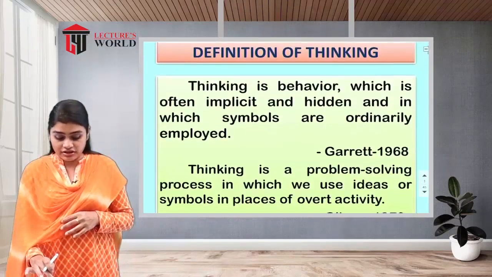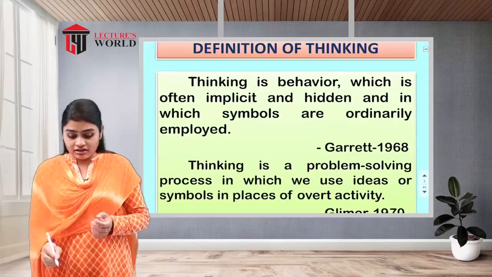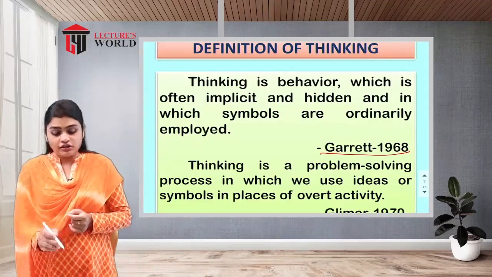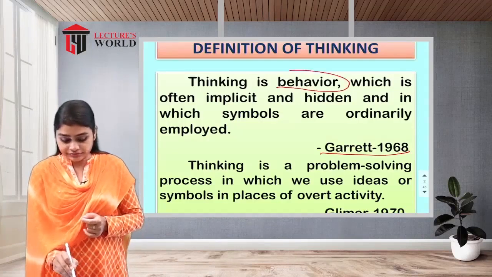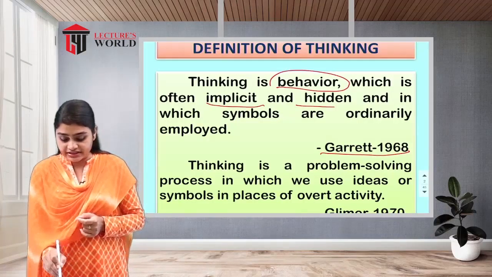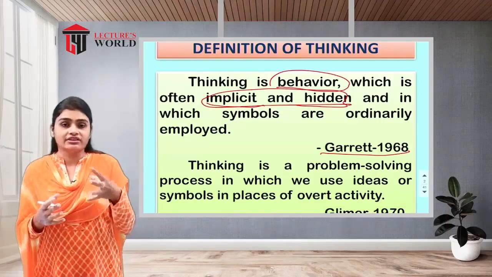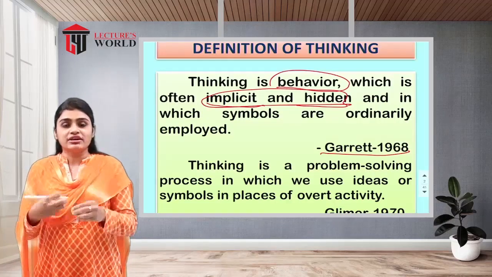Here we have two definitions of thinking given by two different psychologists. The first definition was given by Garrett in 1968. According to Garrett, thinking is behavior which is often implicit and hidden. What is behavior? Behavior means how we behave in a certain situation, what reactions we give in response to any stimuli.